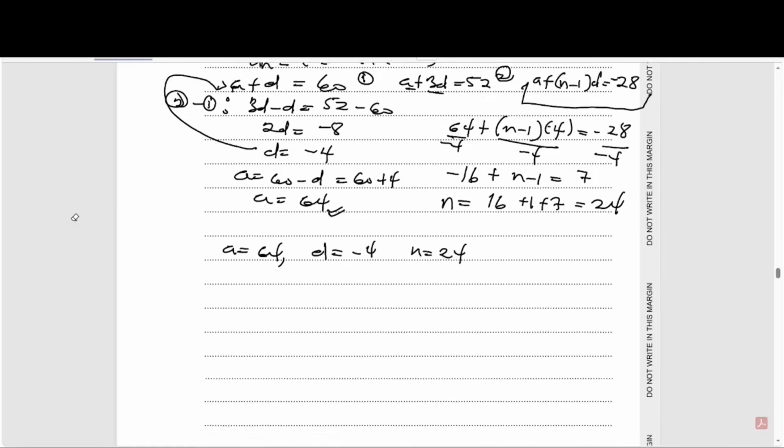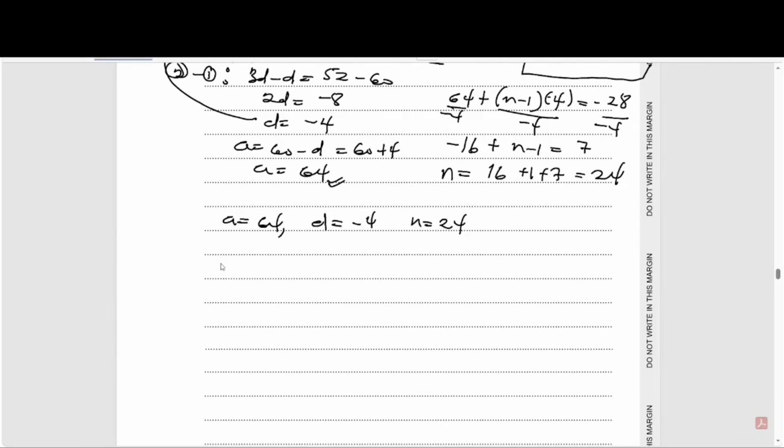You have to find the sum of all those 24 terms, and we know the sum of n terms of an AP is n over 2 into bracket a plus l, given that the last term is known. So this is going to be n, which is now 24 over 2. Then a is 64 plus the last term, which is negative 28.